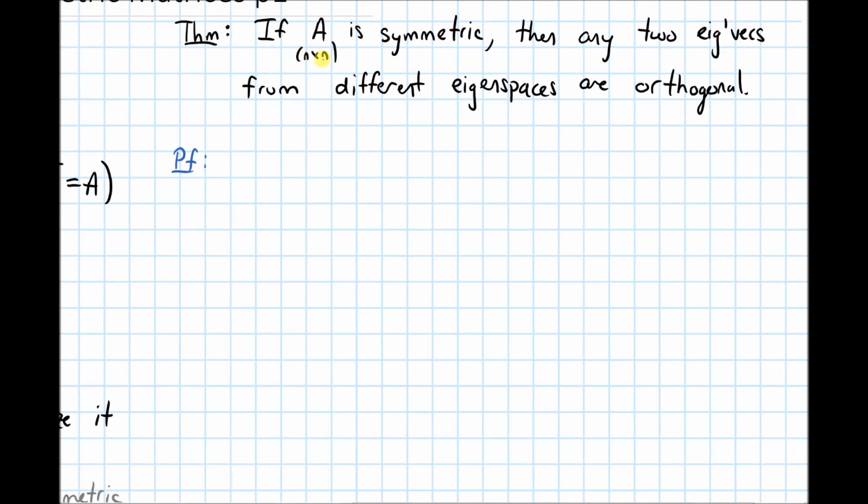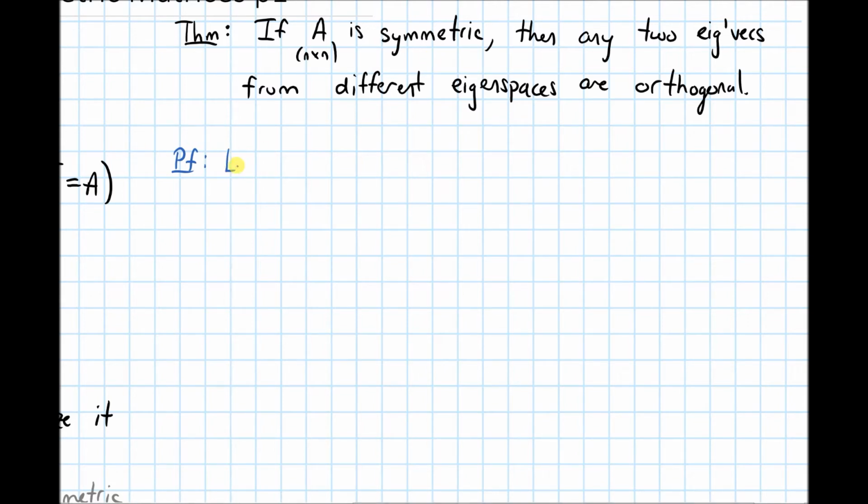If A is an n by n symmetric matrix, then any two eigenvectors that come from different eigenspaces are orthogonal. This is not true of an arbitrary square matrix in general. The eigenvectors from different eigenspaces are not necessarily orthogonal, but somehow for a symmetric matrix, this is happening.